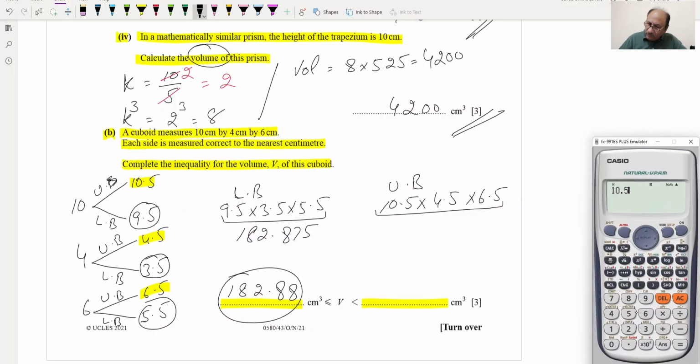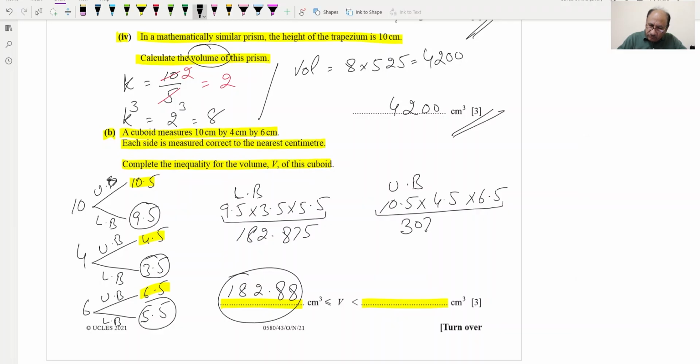That is 10.5 multiplied by 4.5 multiplied by 6.5, and the decimal value will be 307.125, and up to 2 decimal places we can write 307.13.